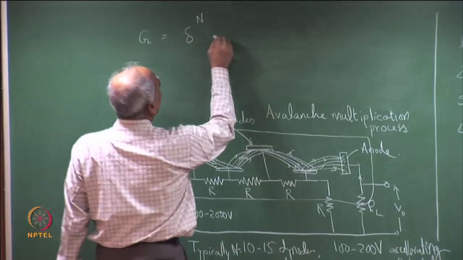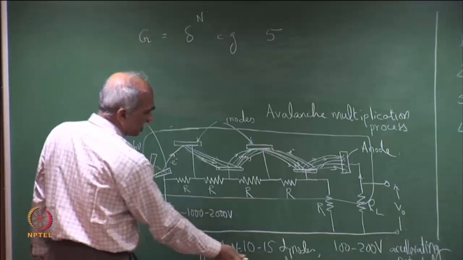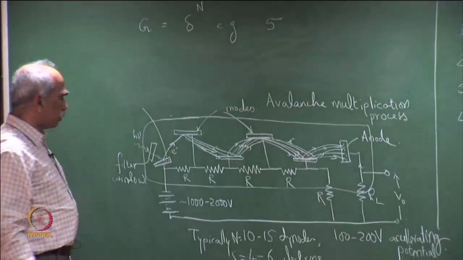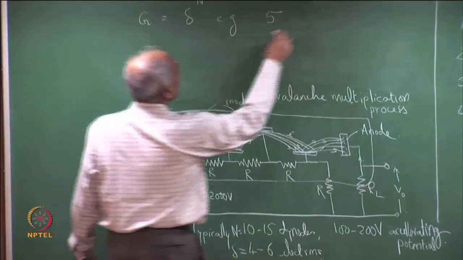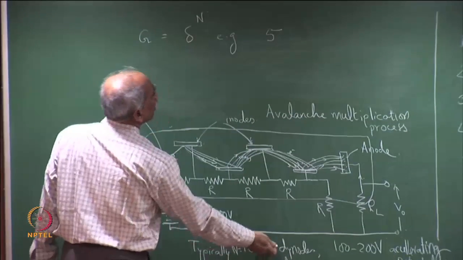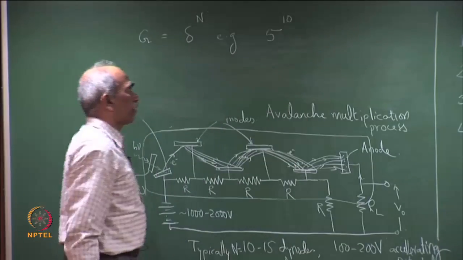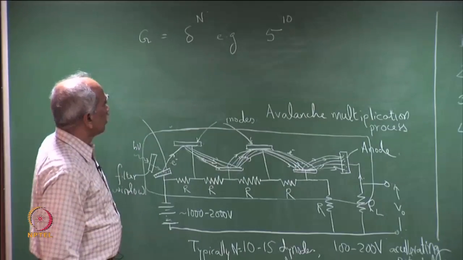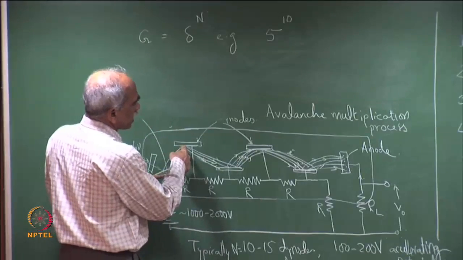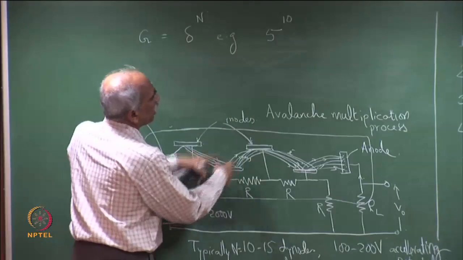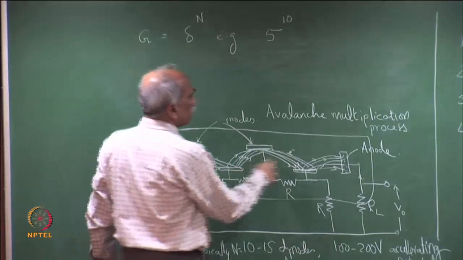So, if delta is equal to 5, and if it is 10 to 15 dynodes, let me assume n equal to 10. So, 5 to the power of 10 is the gain, because one releases 5 and each 5 releases 5.